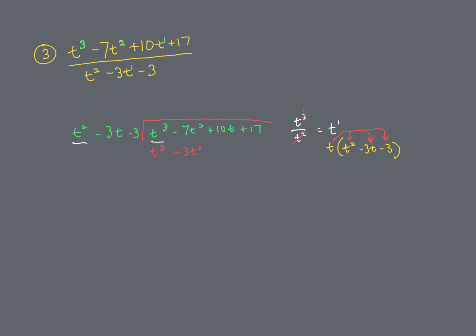It's going to be negative 3t squared, and then t times negative 3 is going to be negative 3t. So again, it's going to be real easy to forget. We are subtracting each and every one of those terms there. So subtracting t to the third, subtracting negative 3t squared, that's going to change that sign. And then subtracting negative 3, that's going to change that sign.